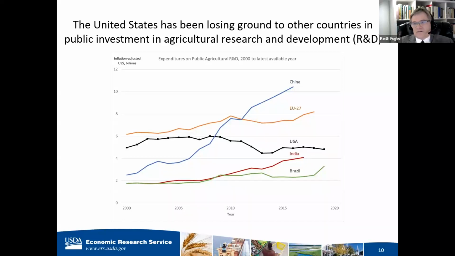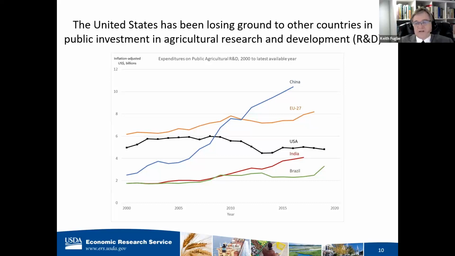So 2 decades ago, the US was by far the world's leader in agricultural R&D spending, more than any other single country, but we were surpassed by China around 2007 or 2008. And the last information we have available for China was from 2015.